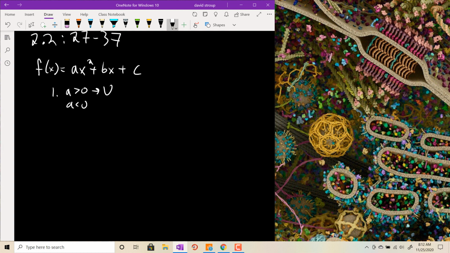If a is less than 0, it's a sad face. From there, you get the vertex. You will have to memorize those formulas. So negative b all over 2a, comma f of negative b all over 2a. Usually the vertex is given in the form h comma k.